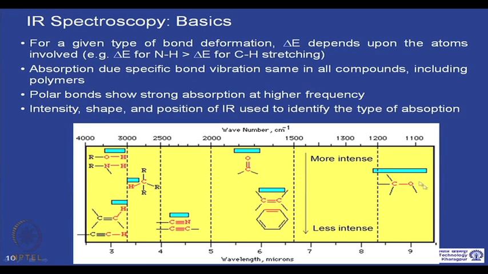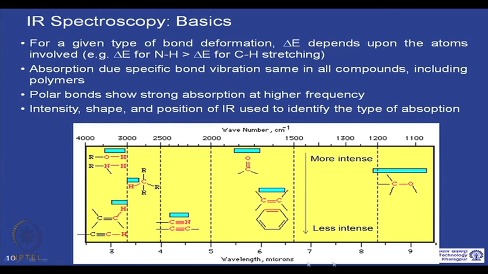And this chart, or cartoon, typically gives the range where IR absorption happens for a particular bond vibration. Vibrations like OH and NH come around in this range, then C triple bond, and then the C=O double bond comes around here.